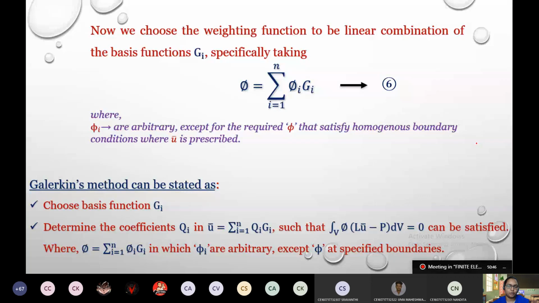We are going to solve a problem. First we'll solve a problem which is not related to our subject, because this is the combination of differential equations and integral equations. We'll just take a small differential equation and solve it using the Galerkin method. Then we'll go to our engineering solid mechanics problems. It is already 10:04.